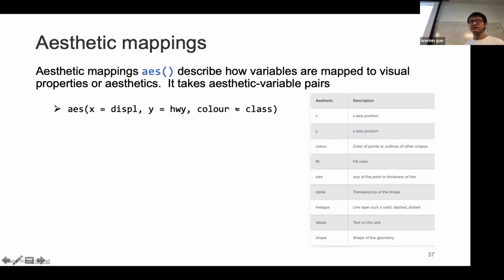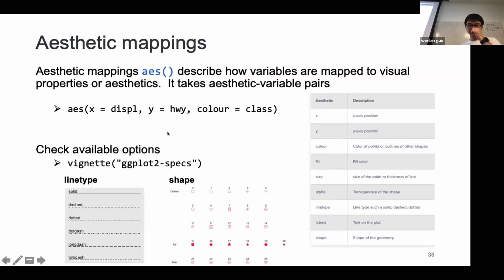And basically, when you are plotting, you just need to change what you want to use for X, what you want to use for Y. So for each of the properties, for example, for the line type and for the shape, they have certain numbers, labels there. For example, if you want to use a circle, you can specify the shape to be 0, to be 1, or something else.